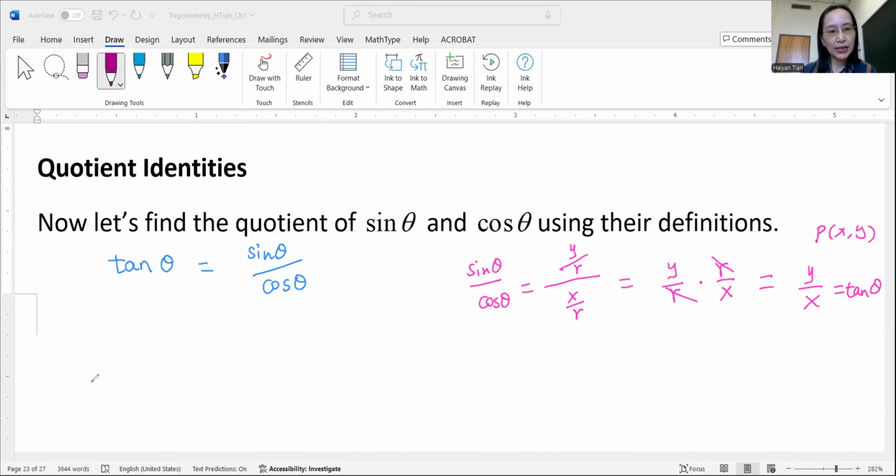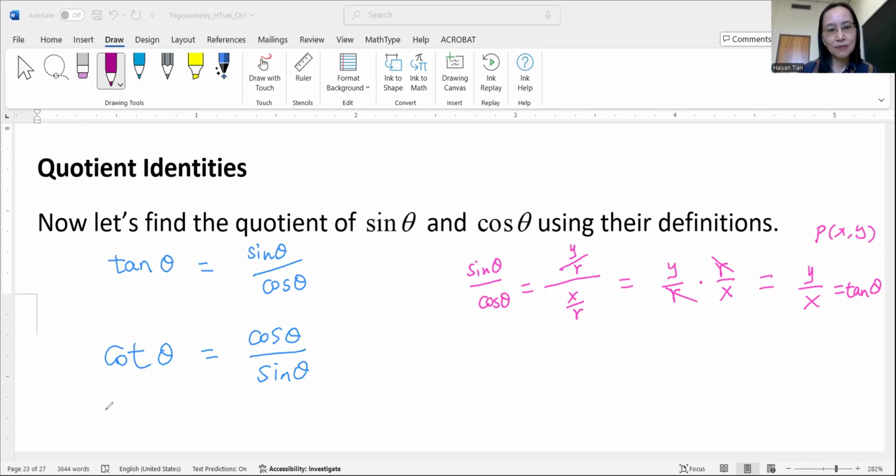So there's another quotient identity that is cotangent theta. So let me write it. Cotangent theta is cosine theta over sine theta. So if you divide cosine theta by sine theta, you get cotangent theta. How do you prove it?